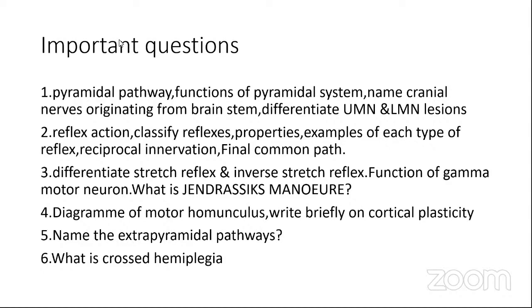Then second question, reflex action, classify reflexes, properties of reflexes, then examples of each type of reflex, then reciprocal innervation, final common path. So you prepare a note about these aspects.